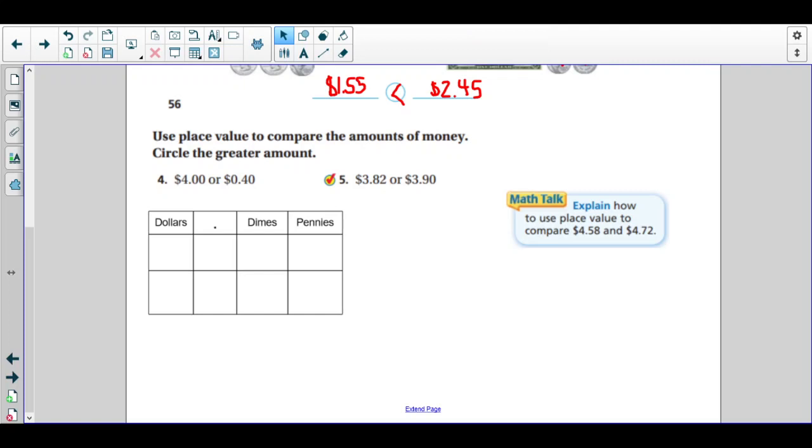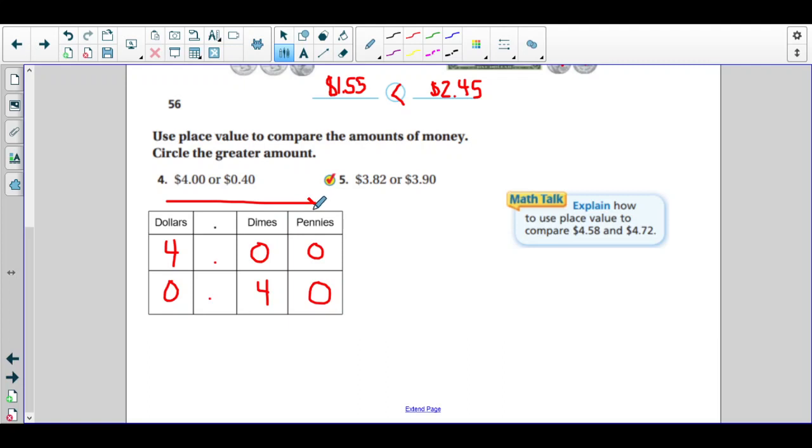So for the first one right here, I have $4.00 and then right here I have $0.40. Now I am going to read this left to right, just like a book. Okay, I'm going to head this way.